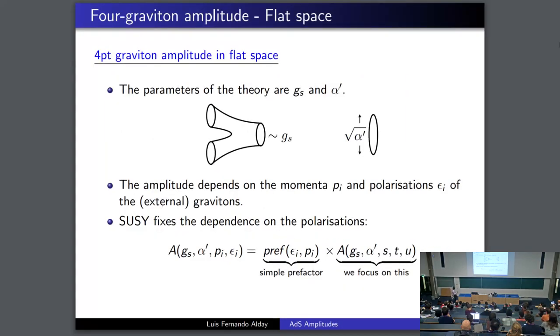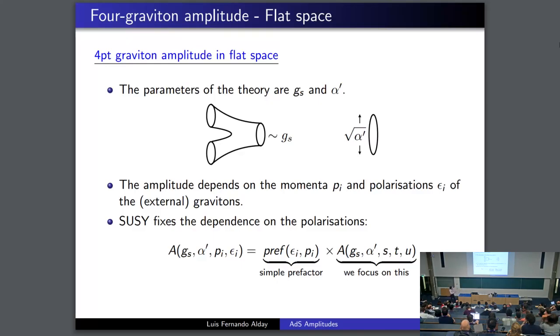For the four-point graviton amplitude in flat space, the parameters of your theory are these two: the string coupling constant gs, which measures the probability that two strings come into one, or one string splits, and the size of the strings, which is the square root of alpha prime. In addition, the amplitude also depends on the momenta p_i and polarizations epsilon_i of the four external gravitons.